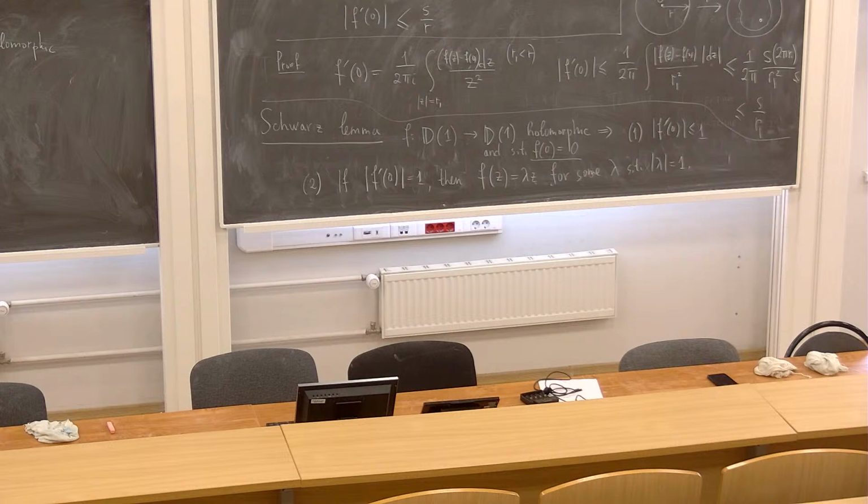So on the boundary, it cannot grow larger than 1, and it's exactly 1 inside. Right? So it attains its maximum inside, which means that it's 1 everywhere. So g has absolute value 1 everywhere, because it's 1 at one point, and at that point, it's an absolute maximum. So it's 1 everywhere, and then of course, g must be constant.